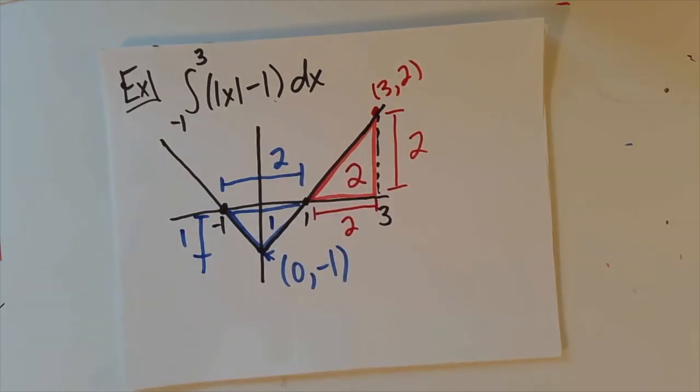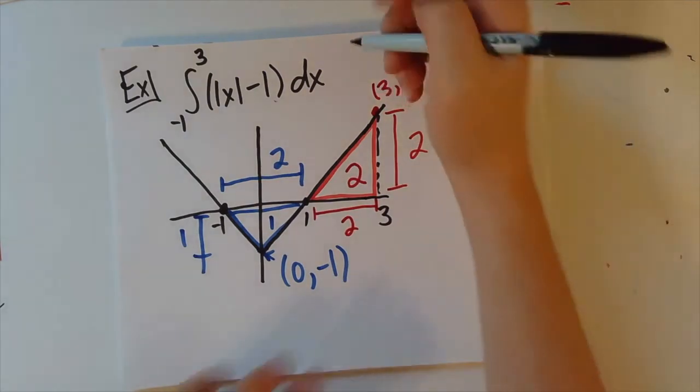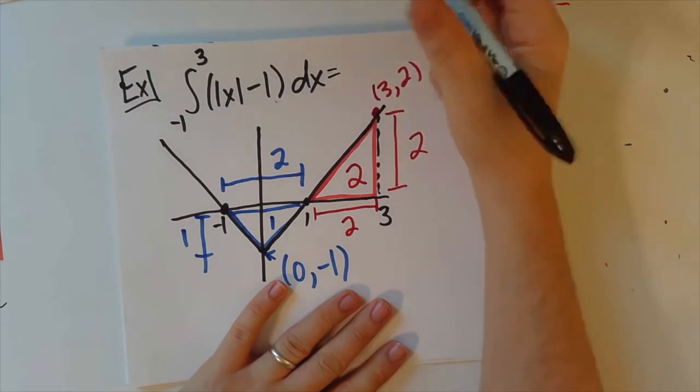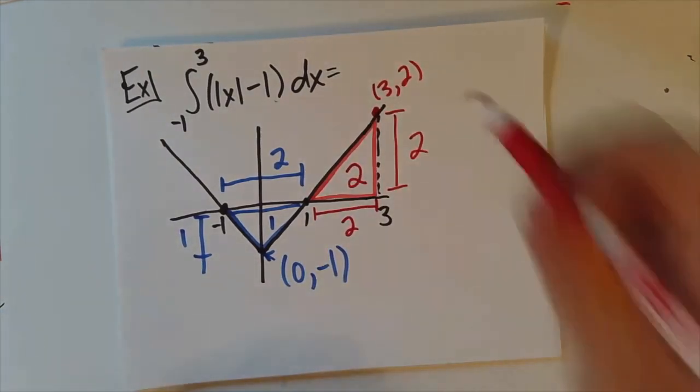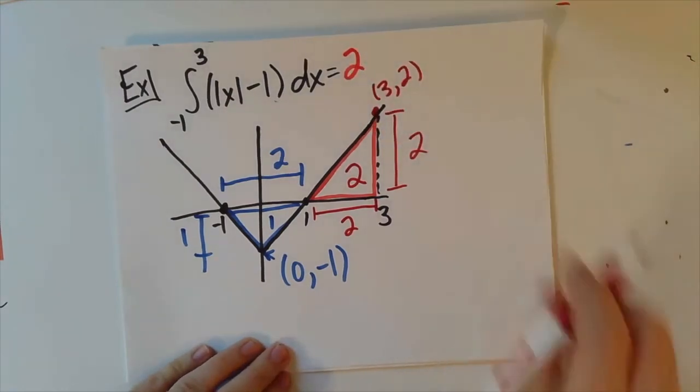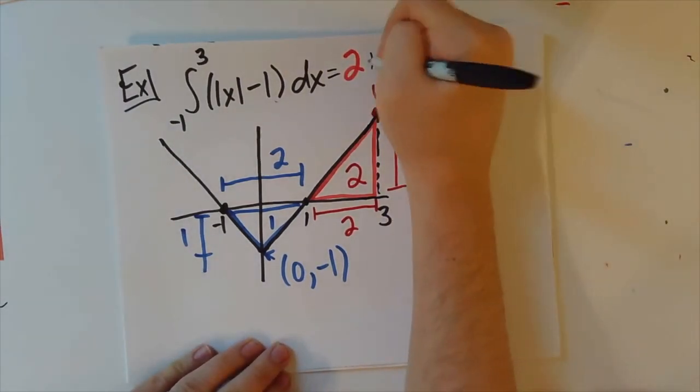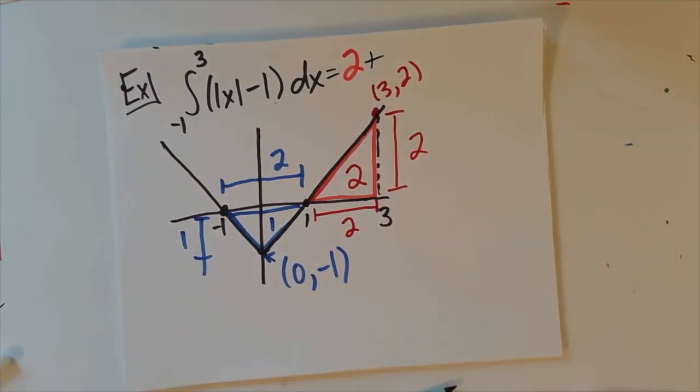And so in total, the value of this integral is going to work out to be that 2 coming from the red region plus a -1 coming from the blue region.